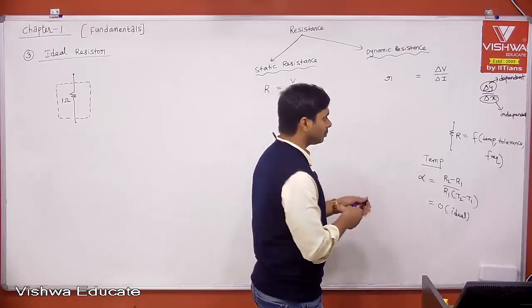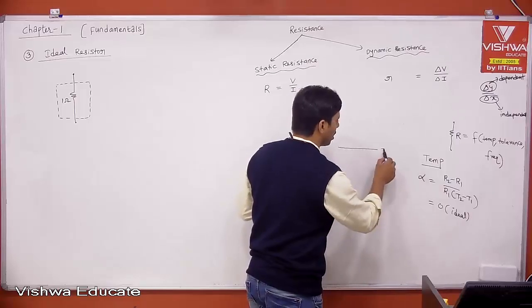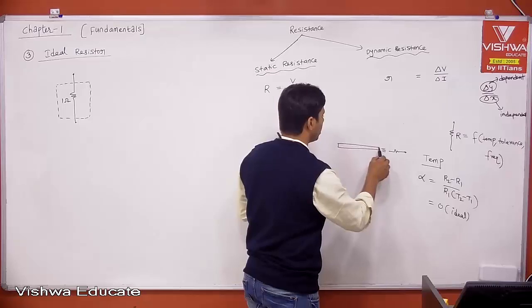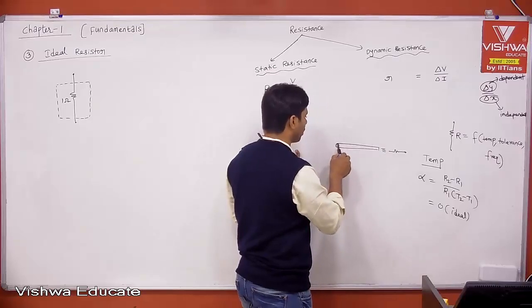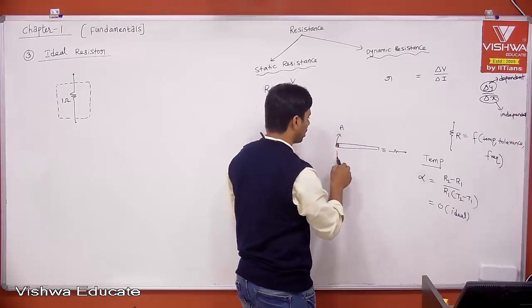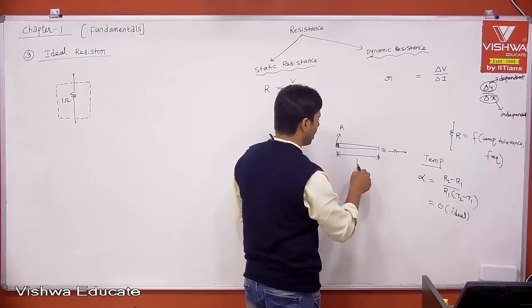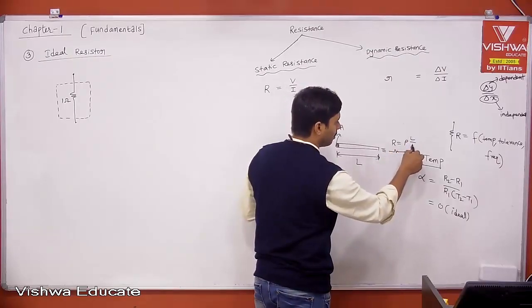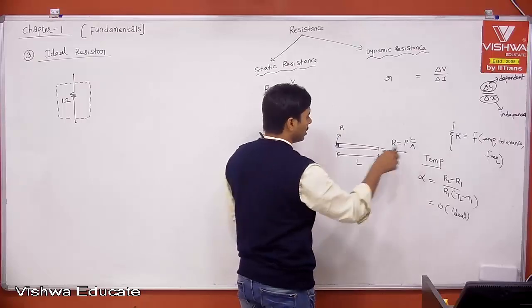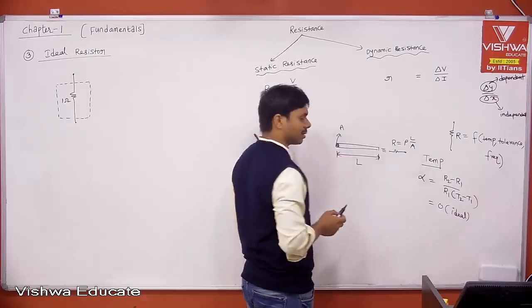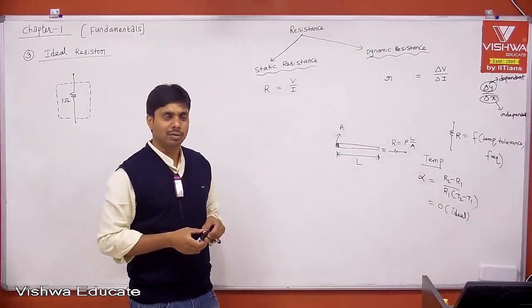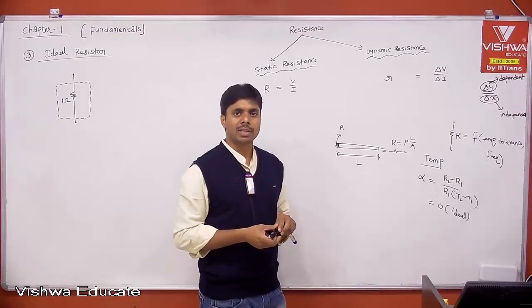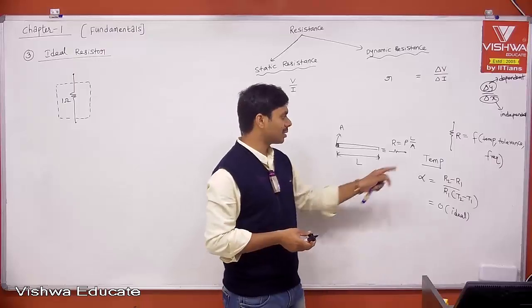Whatever wire you have, which you are representing with a resistor, it is associated with the area of cross section and the length of the wire L. Then you are saying that R is equal to rho into L by A, where L is the length of the wire, A is the area of cross section, and rho is the resistivity, which is 1 by conductivity. That depends on the type of material, which is fixed. If the type of material is fixed, conductivity is fixed, therefore resistance is fixed.